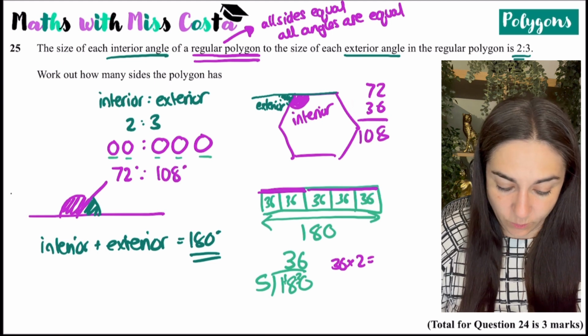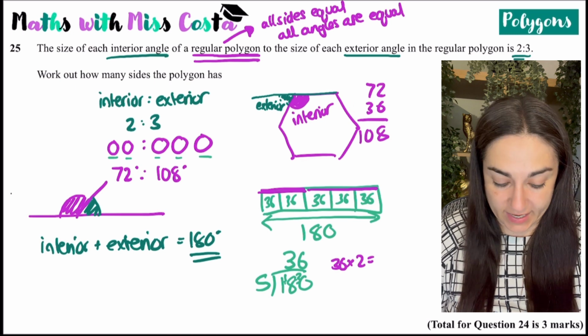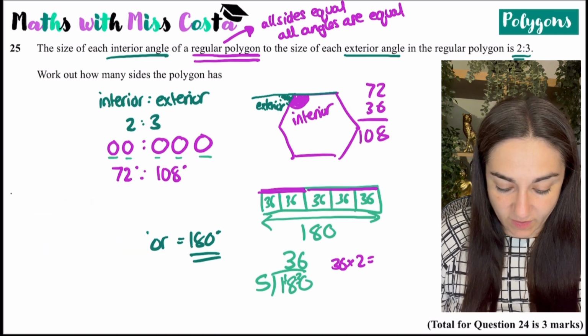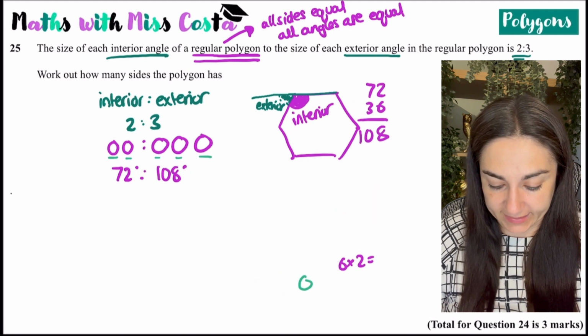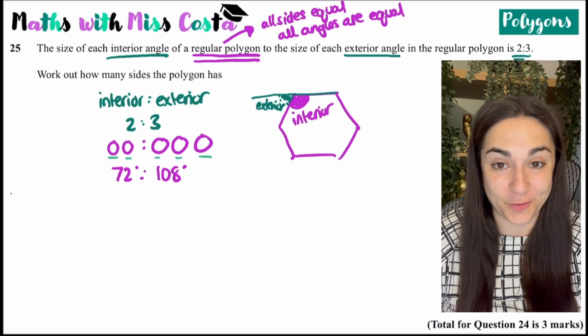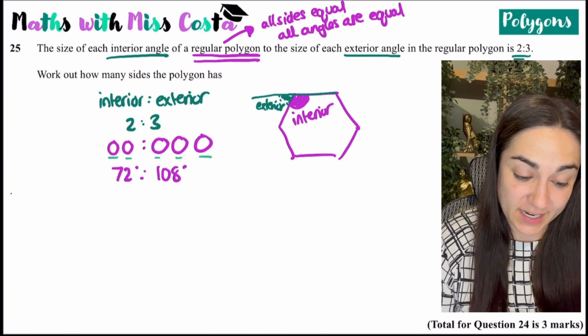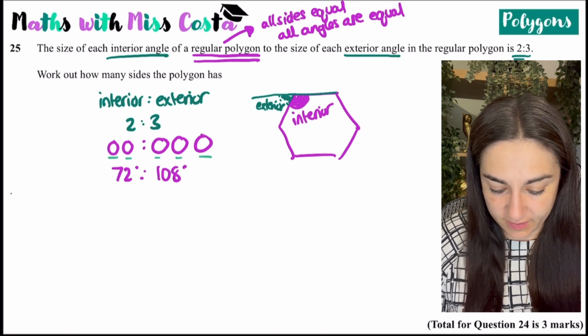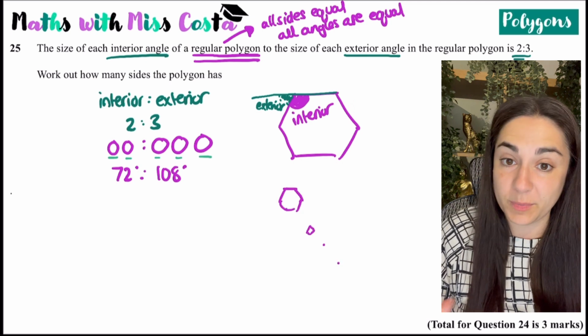So I've worked out what the interior and the exterior angles are, and now I need to work out how many sides the polygon has. So another thing that I know, there's quite a lot of knowledge that you need to know for this question. So in polygons, if you shrunk this shape further and further and further and further, eventually it would become a dot.